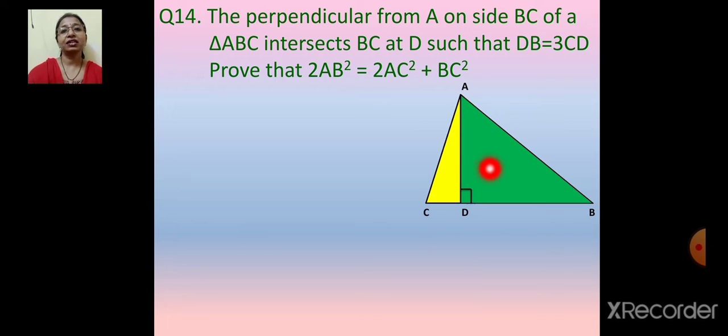One is green in color, another is yellow in color. So when we apply Pythagoras theorem, we get this AB square. Similarly, AC square we can get very easily from another triangle, right? So let us do that first.